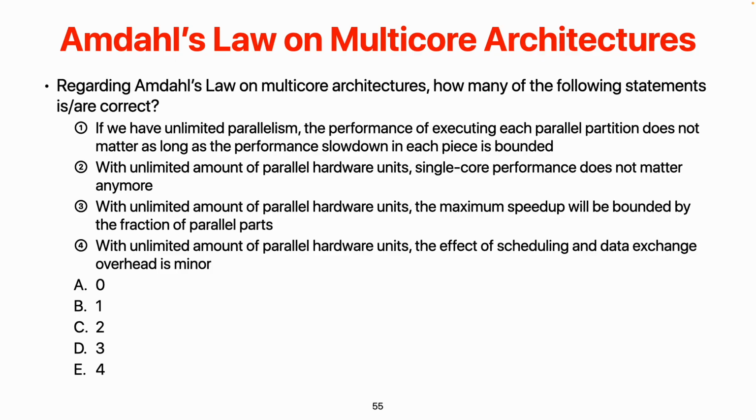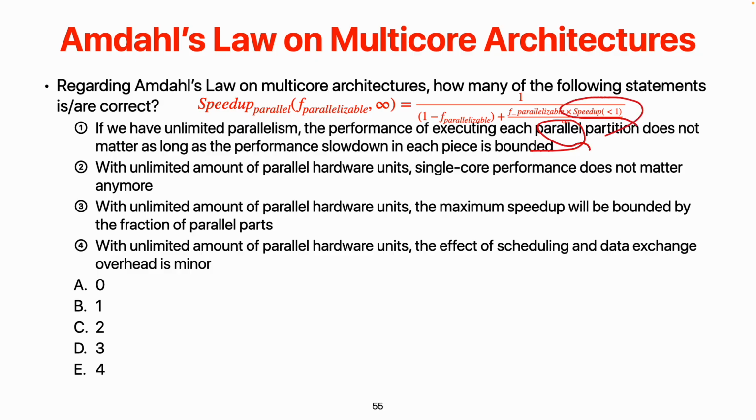So remember, if we have unlimited parallelism, let's just put the n as infinity, right? So if the slowdown is bounded, okay, put whatever number you like. However, because the bottom is infinity, this part will be 0 anyway, right? So what does that mean? It doesn't matter, right?